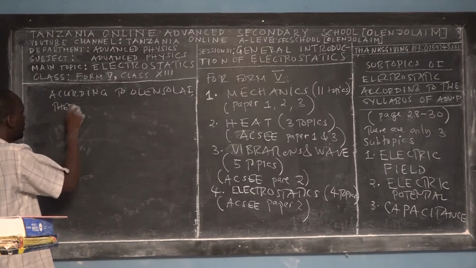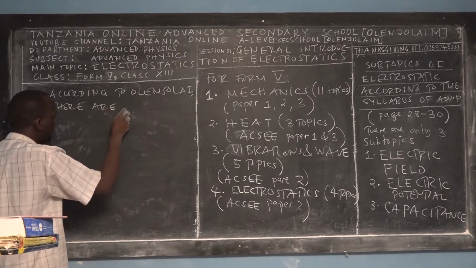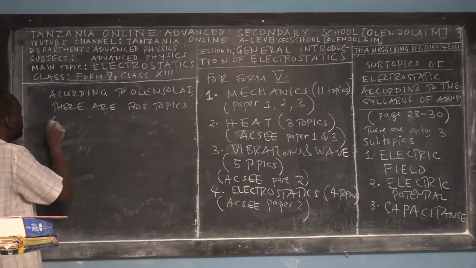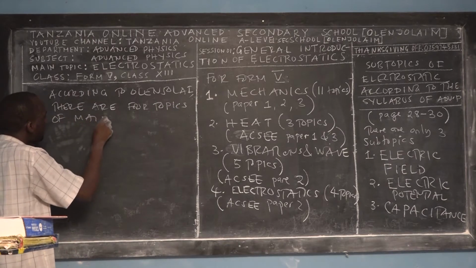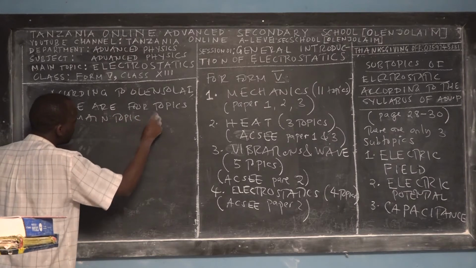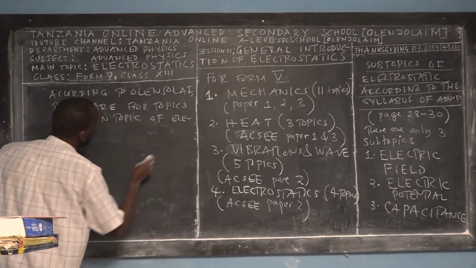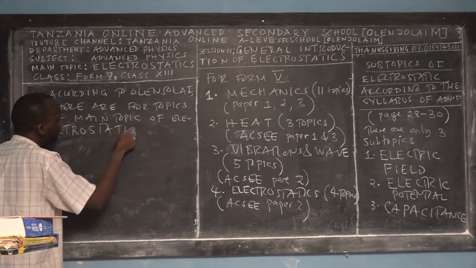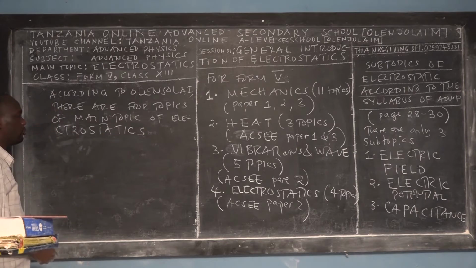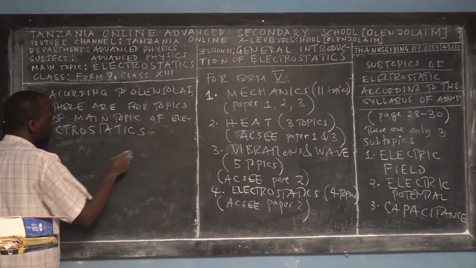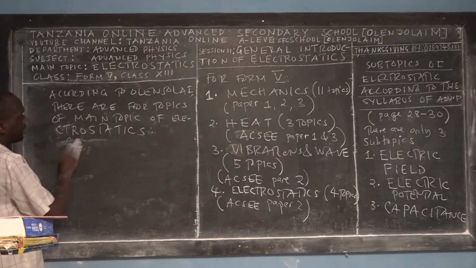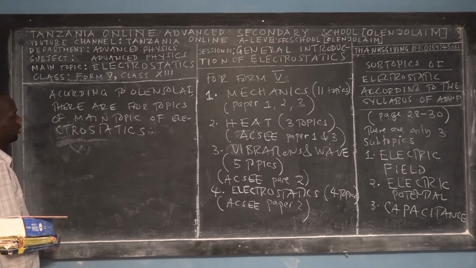There are 4 main topics of electrostatics. I won't leave anything which has been mentioned in the syllabus. I will take you further than what the syllabus has said without confusing you. Okay? So we say that there are 4 topics of electrostatics.